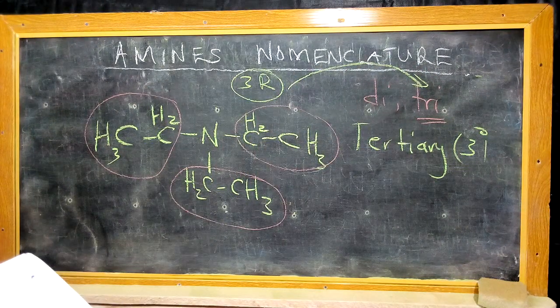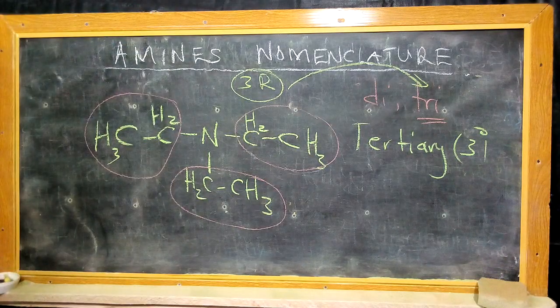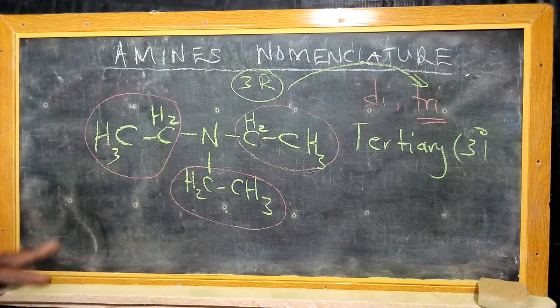So the name for this particular compound, we'll start with the prefix. Whenever we are trying to name amines, for the second and third substitution of the secondary and tertiary amines with different R groups, the parent amine is the one with the largest R group.